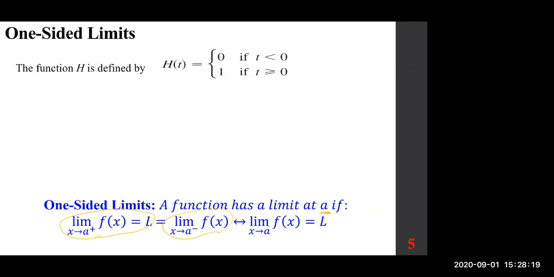Okay, so you look at the limit as it approaches 0 from the left and then 0 from the right. When we say 0 from the left, we use the top function, h of t equals 0. 0 from the right, we use the bottom function because t is larger than or equal to 0.